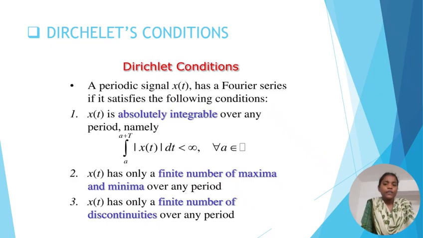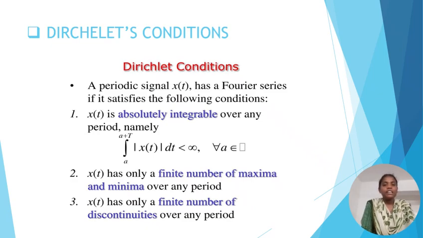So we discussed the Fourier series: what the Fourier series is and its types. There are three types of Fourier series: trigonometric Fourier series, exponential Fourier series, and cosine Fourier series. The representation of the trigonometric Fourier series is x of t equal to a naught plus summation n equal to 1 to infinity of a n cos n omega naught t plus b n sin n omega naught t.